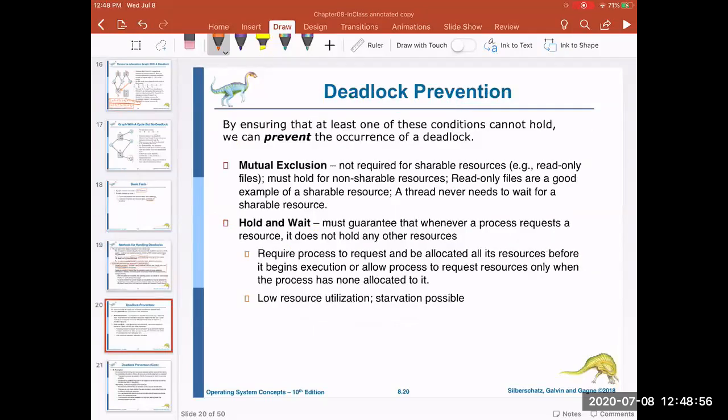Now for prevention, if we want that mutual exclusion should not happen, this would be possible for a read-only type of situation, but it is not good whenever we have shared things.